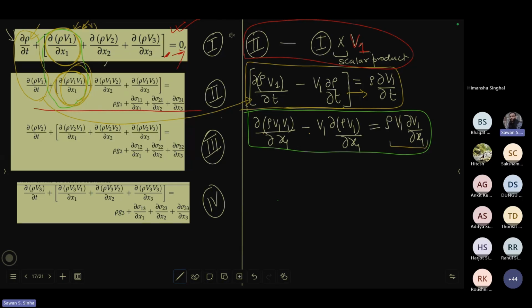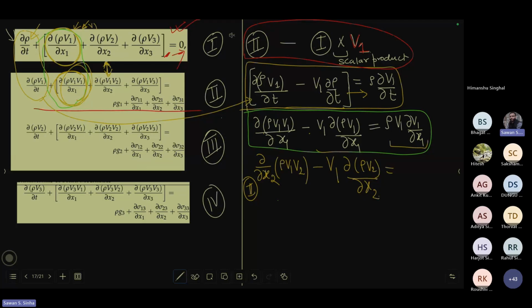Same thing if I manipulate these two terms, what will I get? I will have del x2 of rho V1 V2 coming from equation 2, minus V1 times del rho V2 del x2. What do I get here?